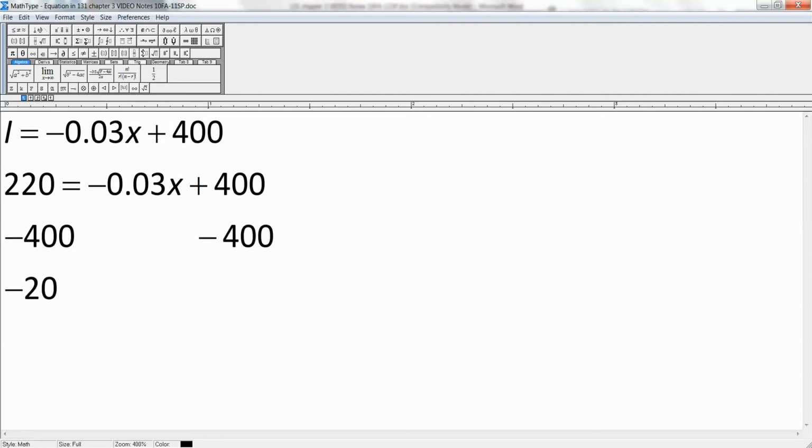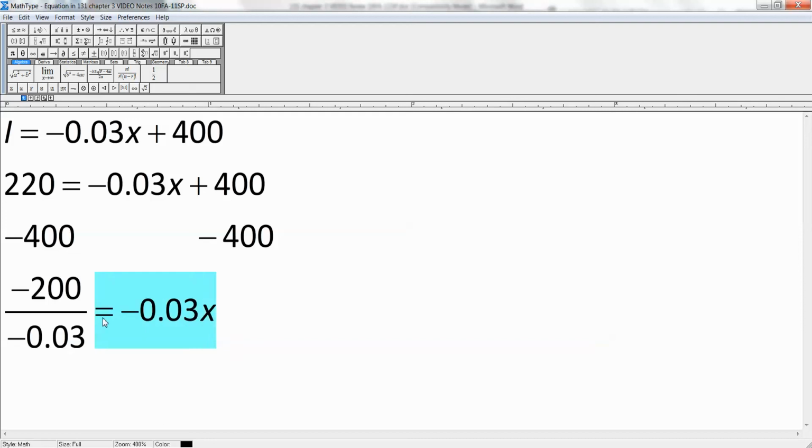So you're going to get negative 200 equals negative 0.03x. And then you divide both sides by 0.03, or negative 0.03, I should say. Right? And then they're gone.